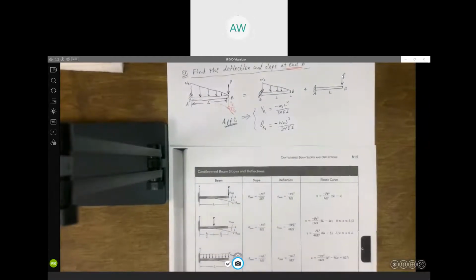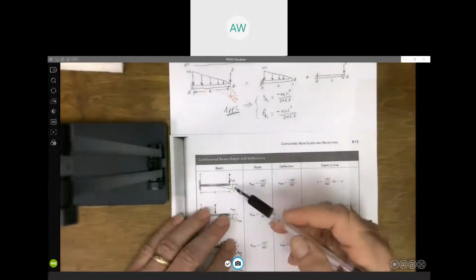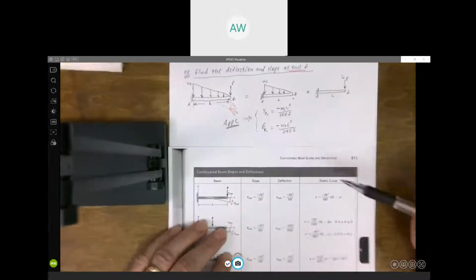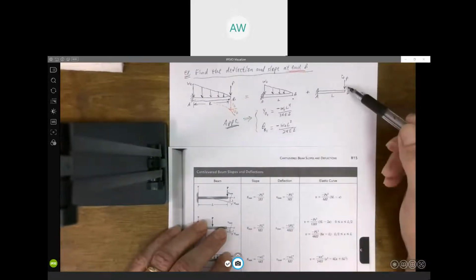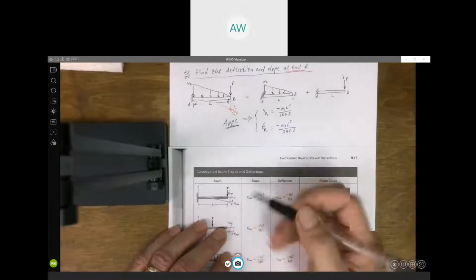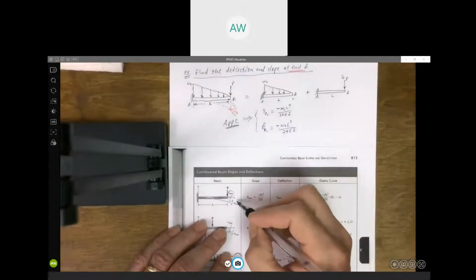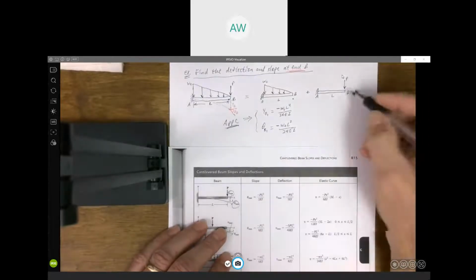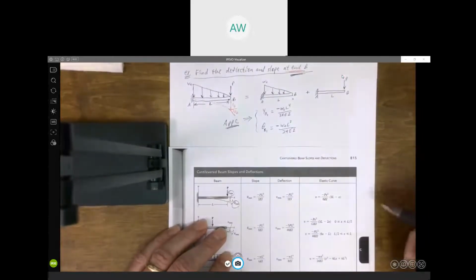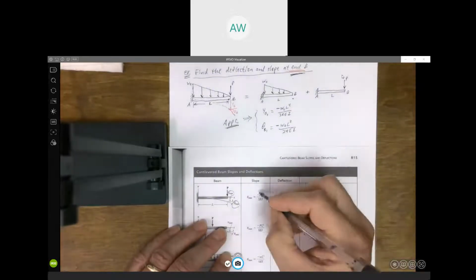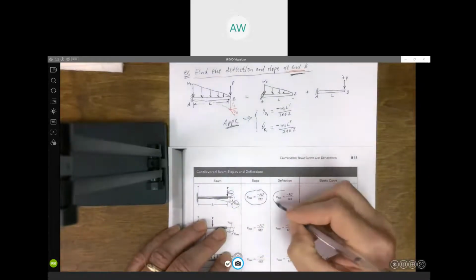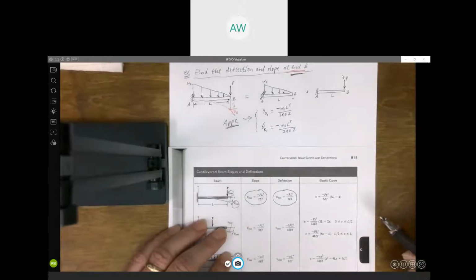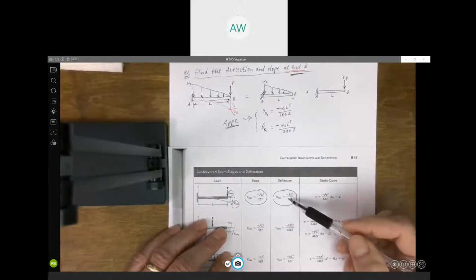All right, well now, this one is actually good because it's at the top of the table. I can see both at the same time. So for this loading with the concentrated force at the end, again, the maximum displacement and the angle are going to occur at that end, right, that's what we're trying to find. And so I've got these two formulas I'm going to use to get my maximum displacement.